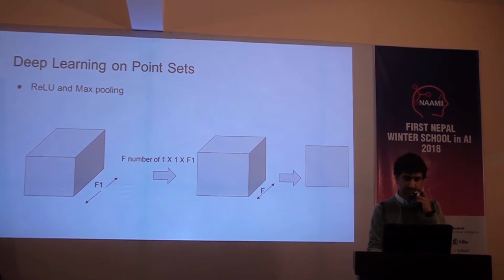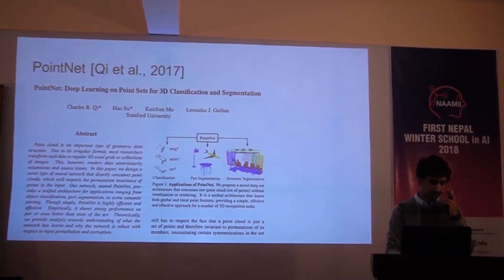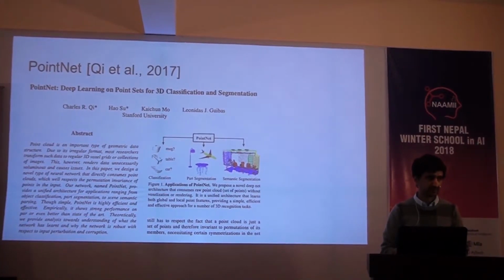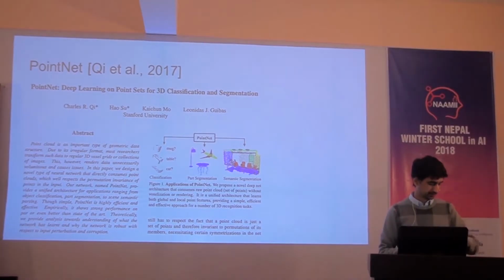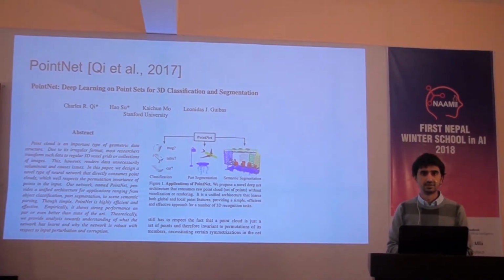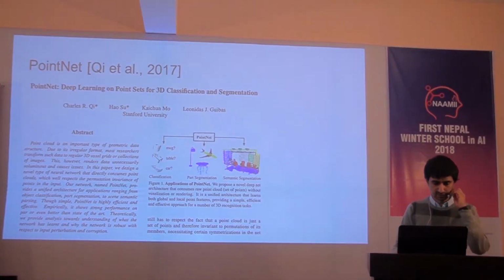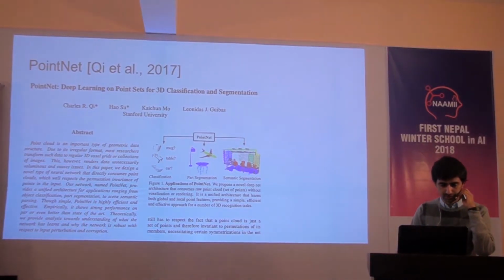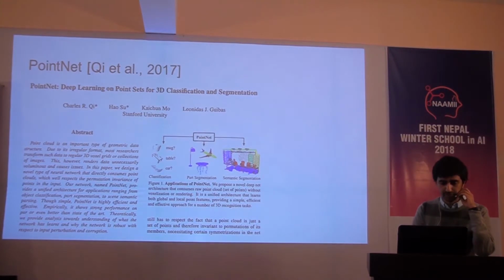So that's the idea, and this is the paper in 2017, which used exactly these things to learn on point sets. In this case, it is mainly 3D. It was learning on 3D points, but it could be any kind of points.